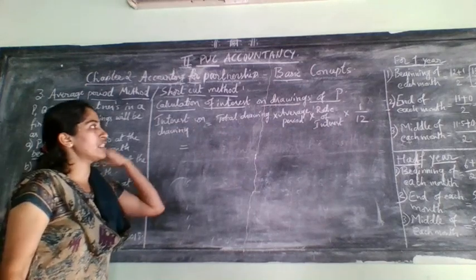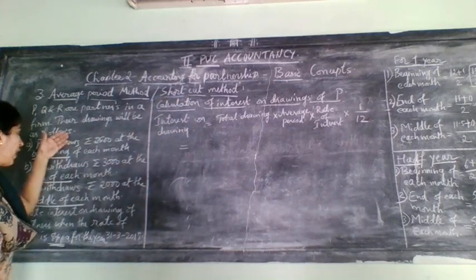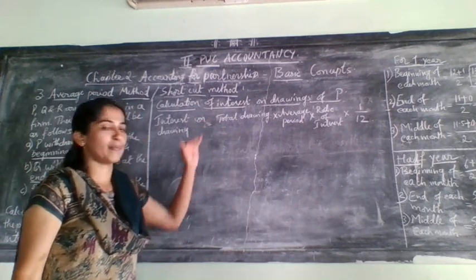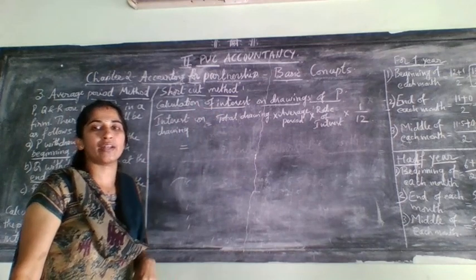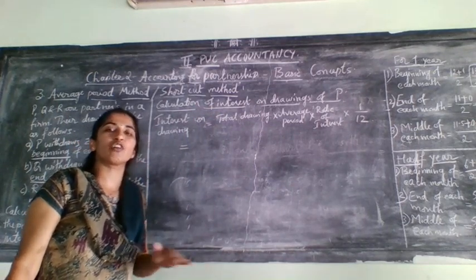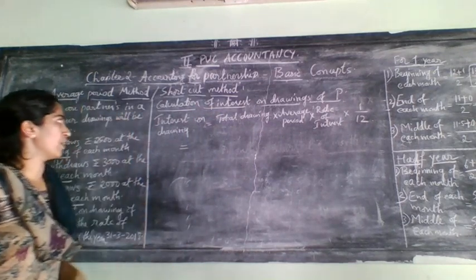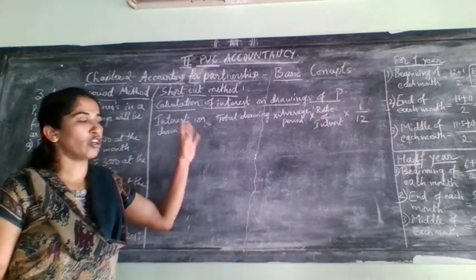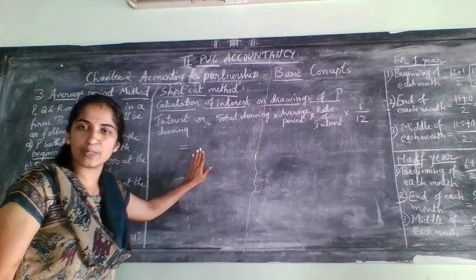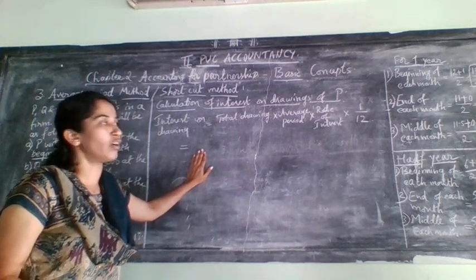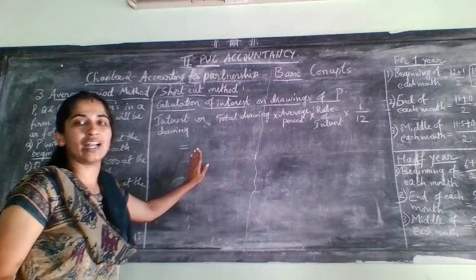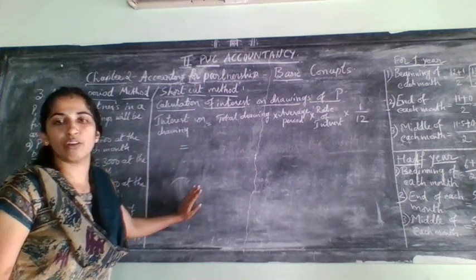What you need to do is, first find out the interest on drawing of each partner step by step. First we will do one partner's interest on drawing, then go for the next and the last one. In the previous problems, you were preparing one table. But here there is no need of preparing a table.